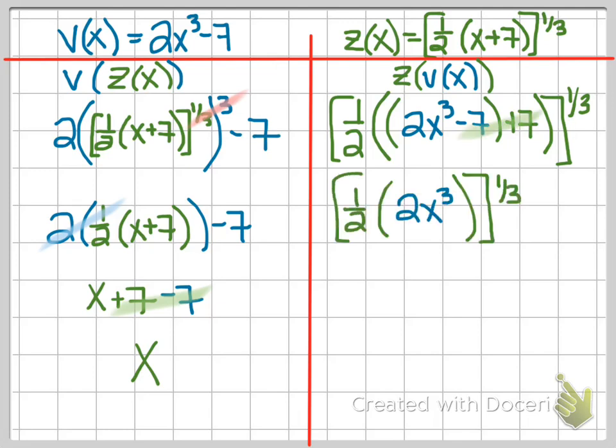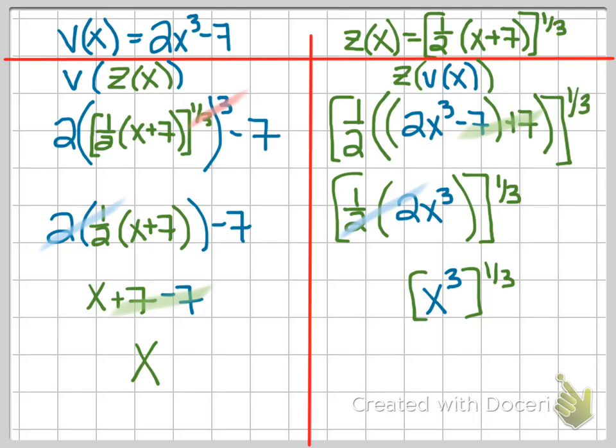There are 7 zero pairs that were created. So it becomes 0 and drops away. We rewrite it as 1/2 times the quantity 2x cubed, all raised to the 1/3 power. I see that there is another identity. There's a 1 pair. 1/2 times 2 creates 1, and we're left with x cubed raised to the 1/3 power.